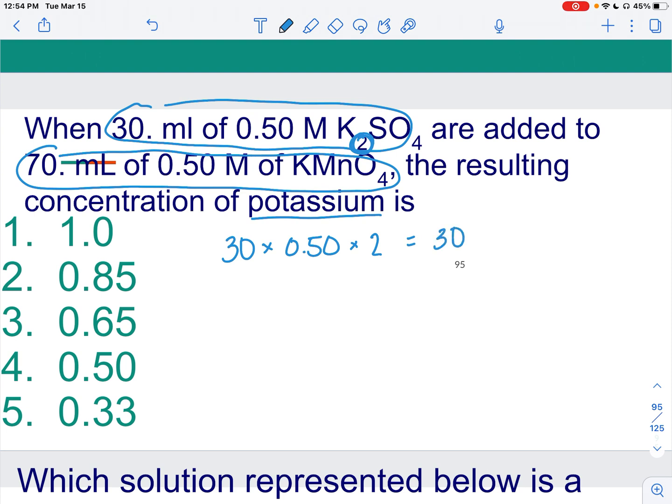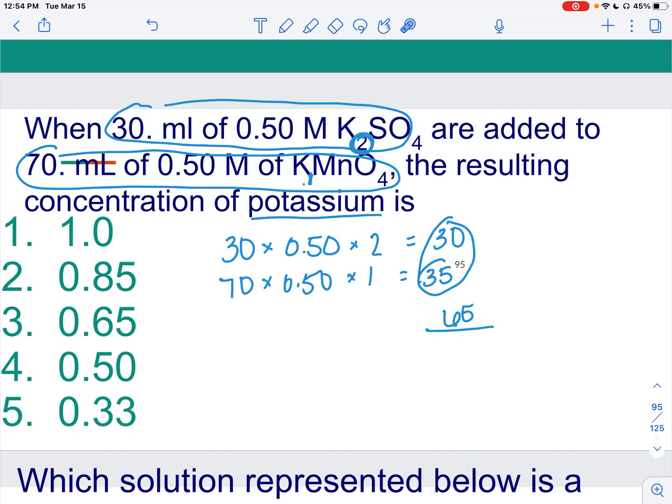And then for KMnO4, I'm going to do 70 times 0.5 molar. And that's just times 1 because we have 1 potassium for every KMnO4. So that gives us 35. We then add these together. We get 65 millimoles. Divide by the total milliliters. So that's 30 milliliters plus 70 because you are pouring these together.